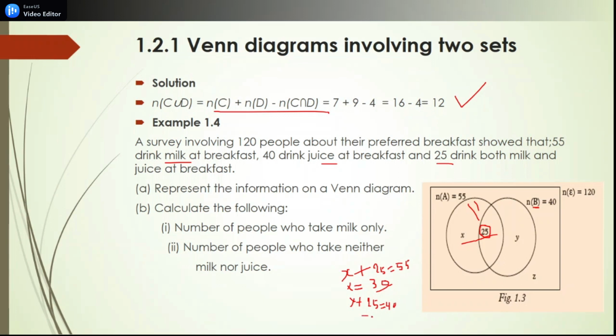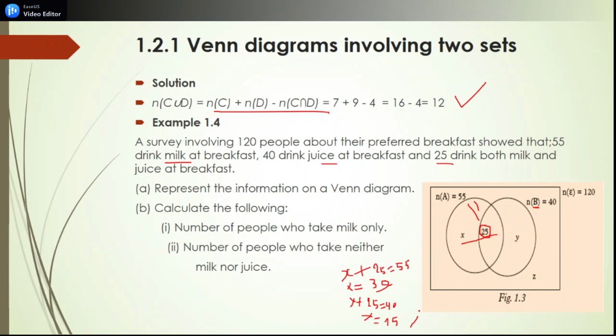Then Y is equal to 40 minus 25, which is 15. So the number of people who take milk only is 30, and the people who take only juice is 15.